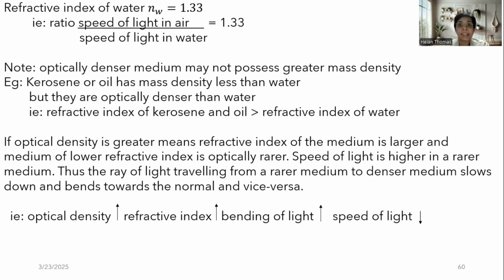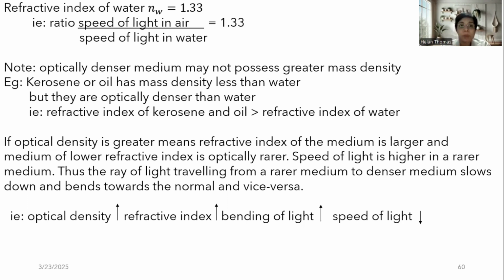Optical density is that property of the medium that determines the speed of light in that particular medium. Oil or kerosene will have a higher optical density, which reduces the speed of light. The speed of light will be less in kerosene or oil than in water, so the refractive index of kerosene or oil is greater than the refractive index of water.